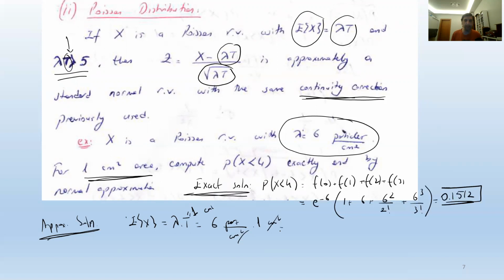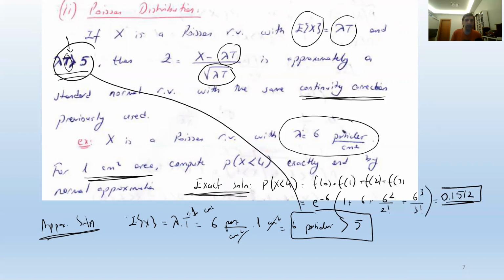These will cancel. It's going to be 6 particles. Note that this is greater than 5, which is suggested by the argument given here. Therefore, the normal approximation is valid.